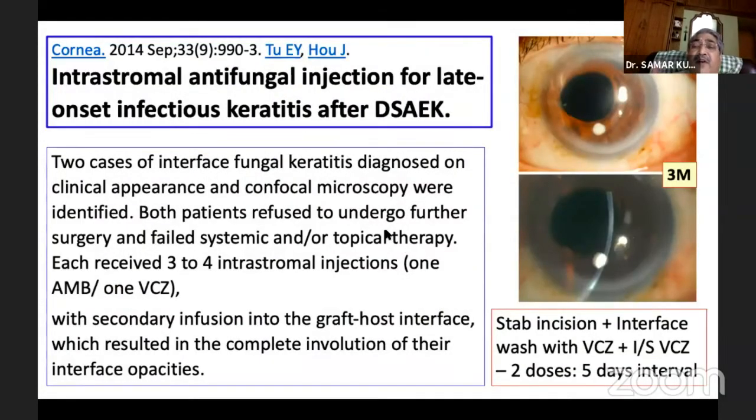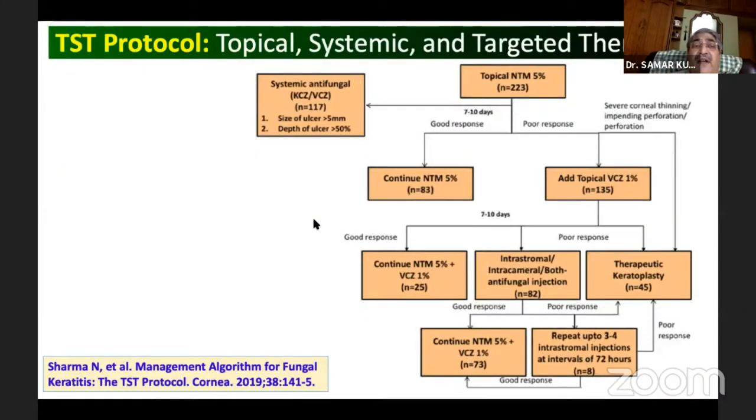There are also reports that if there is a small interface infiltrate, you can treat it with intrastromal injection. This is the TST protocol, topical, systemic and targeted protocol, published in Cornea journal just last year.